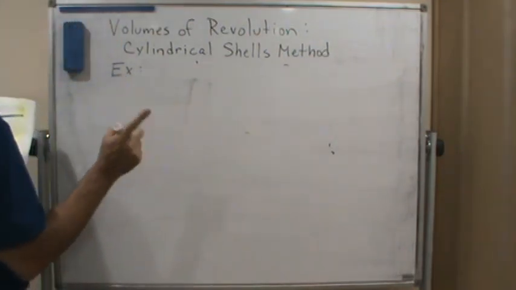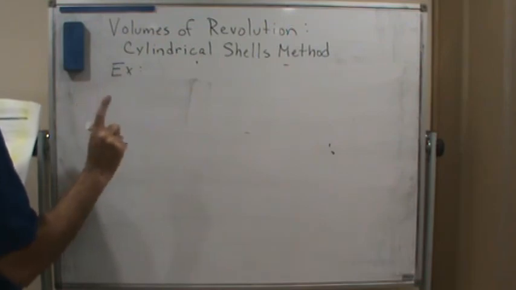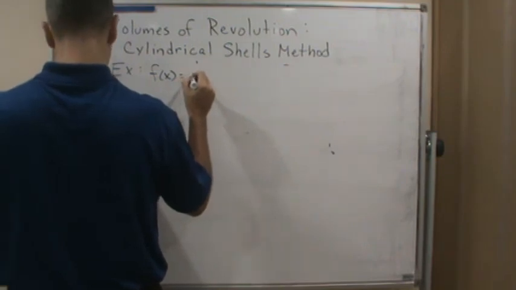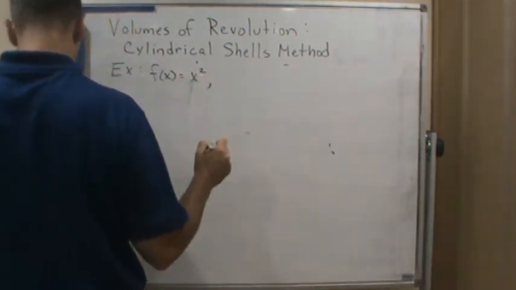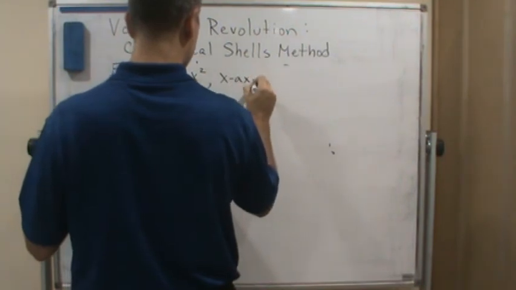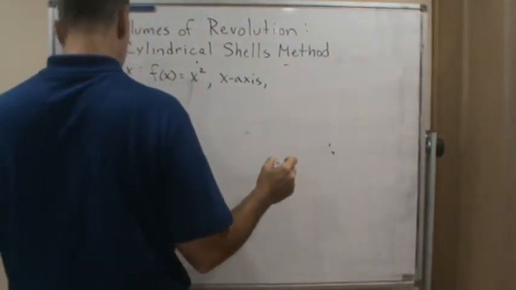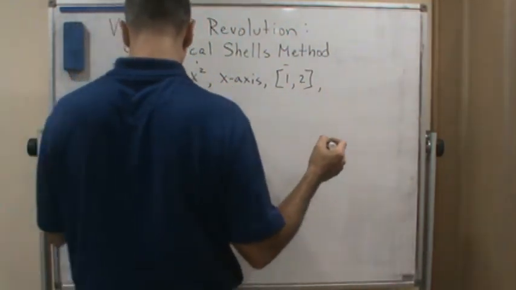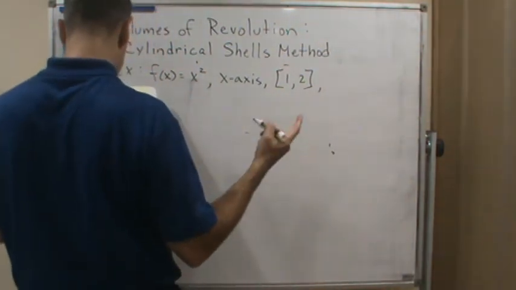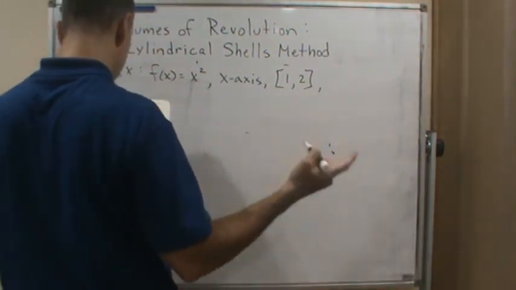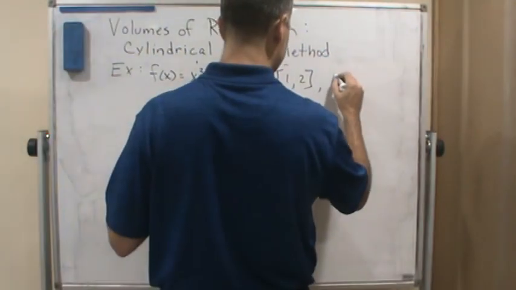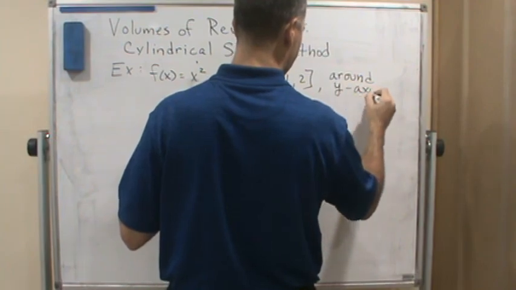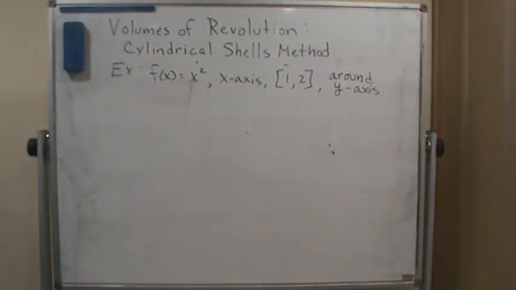Okay, so we're going to define R as the following region: the region bounded above by the graph of f of x equal to x squared, below by the x-axis, over the interval from 1 to 2. They want you to find the volume of the solid of revolution formed by revolving R around the y-axis. So again, we're going to go around the y-axis. Okay, so that'll be yours to work on.